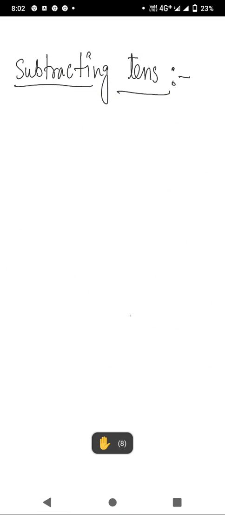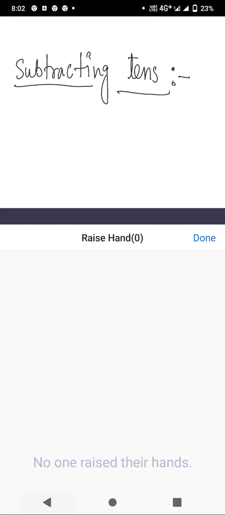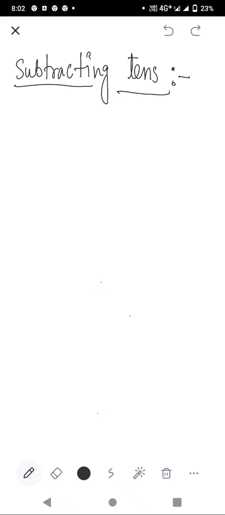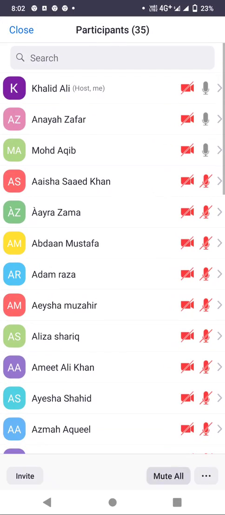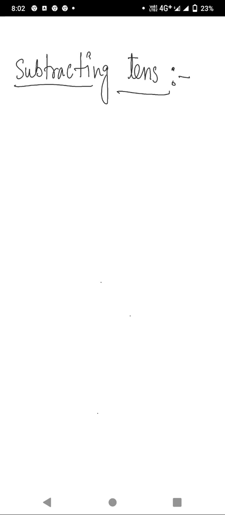Yes, same number we will get only. Okay, student, when we subtract 0 from any number, we get the number itself. Means same number will get only. Okay. So here you have to use that concept.